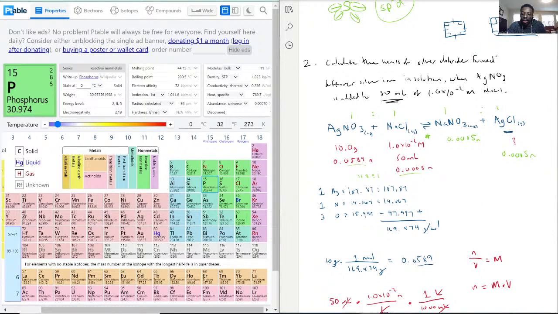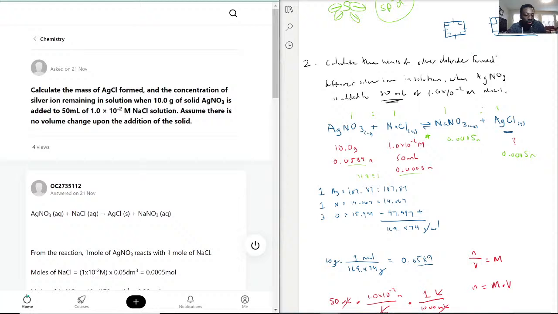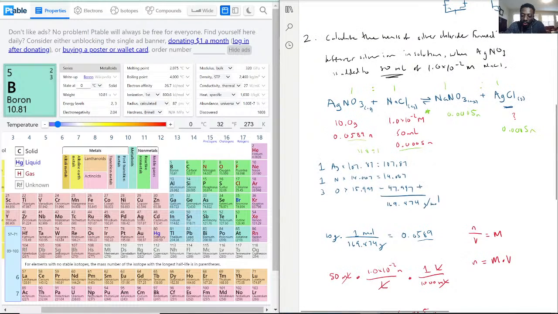Now, what it's also asking is the leftover silver ion in solution, like the concentration of it. So they're asking concentration in terms of moles per liter. With that being said, we know that the whole solution stayed at 50 mils.